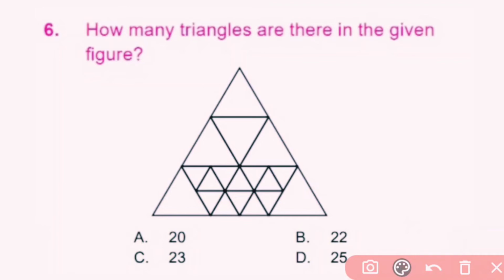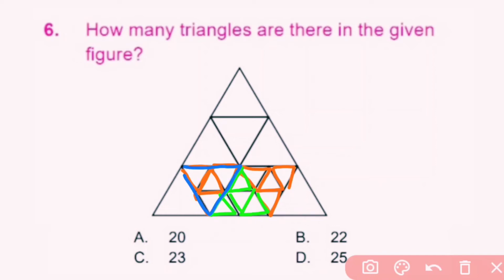Question number 6. How many triangles are there in the given figure? So in this figure there are this 1, 2, 3 and 4, 5, 6, 7, 8, 9, 10, 11, 12.